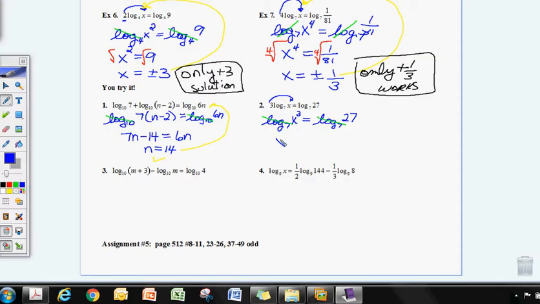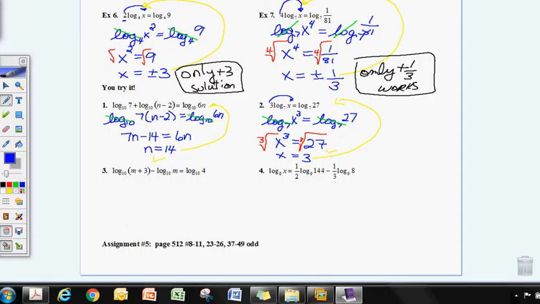And I'm left with x to the 3rd equals 27. I need to get rid of that 3rd power, so I take a cubed root of each side. And when I do that, x is going to equal 3. Do a quick check, and ta-da, it works.